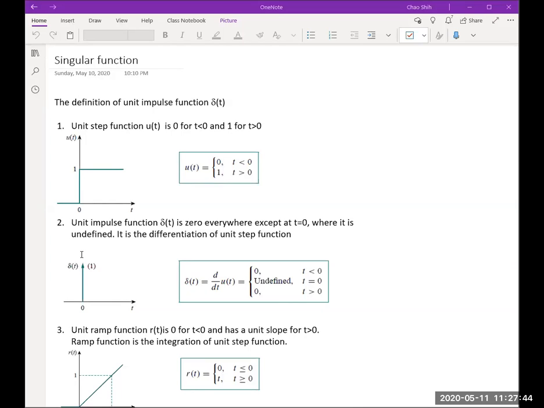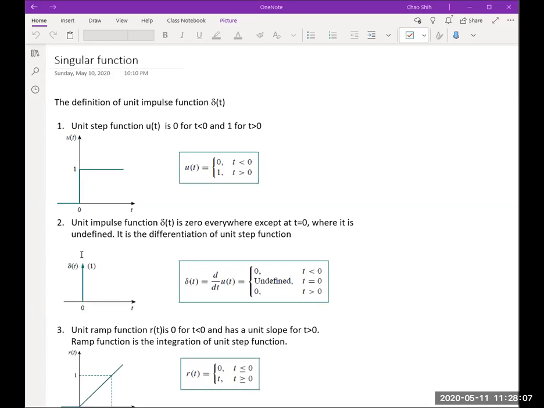But you can also shift it. Similar to the unit step function, if you shift it, I'm going to only get the value at that specific time, and for the rest of them, I make it 0. That's why we call this a sampling function. The sampling function only picks the value at that particular point.